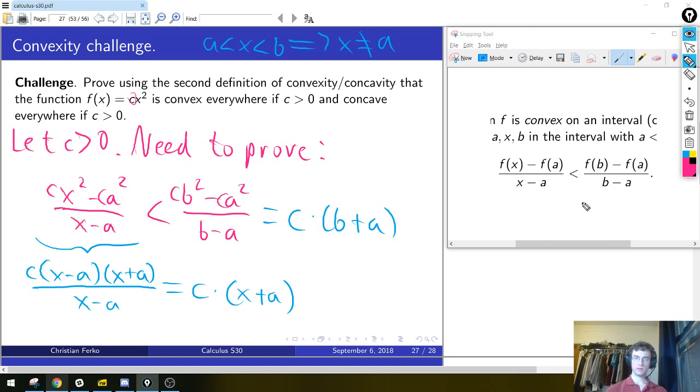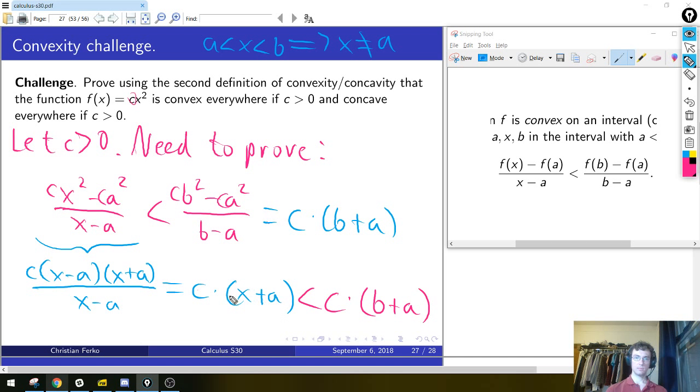Yeah, good. And actually we already know that because in the definition of convexity, we pick any 3 points in the interval that are in order. A is less than x is less than b. Right? So in fact we're in good shape because we already know that x is less than b by construction. So that means c times the quantity x plus a is going to be less than c times the quantity b plus a.